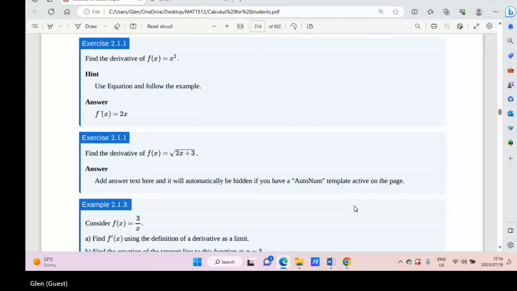Let me thank you all for having worked on this exercise and then having found -3 over x squared or -3x to the power -2. Thank you.